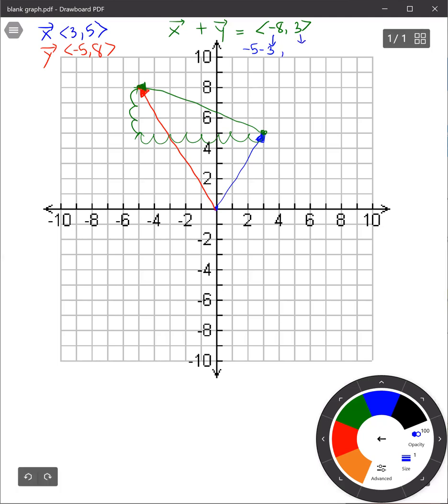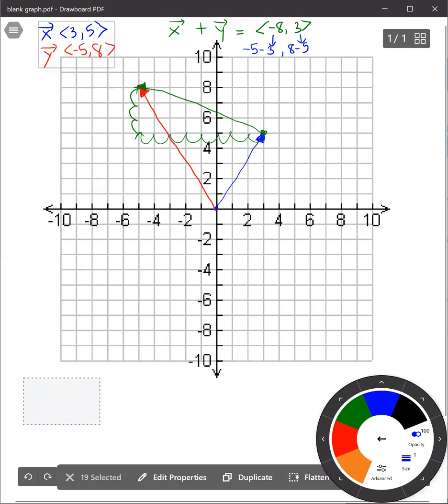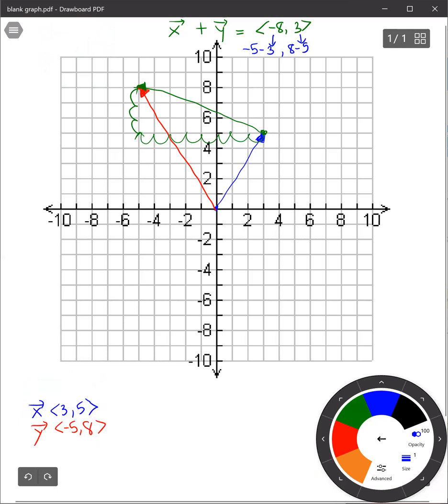And this 3 comes from 8 minus 5. So here, let's do it. Move it down here, and I change it to x1, y1.